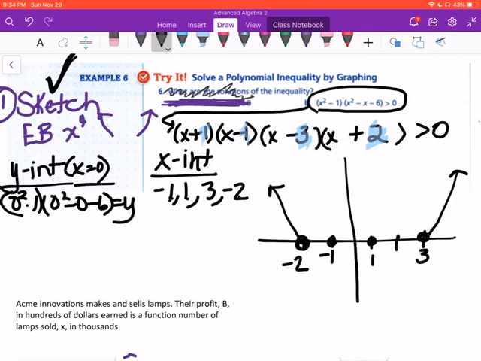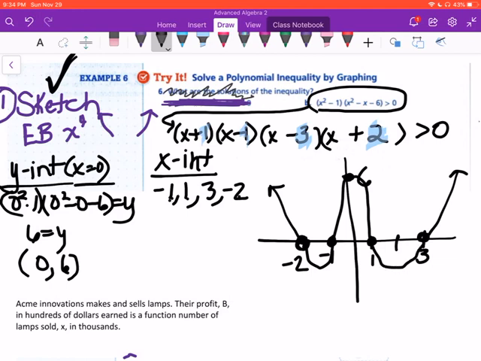So negative 1 times negative 6 would be positive 6. So the y-intercept would be at (0, 6). Okay, so cross, cross, cross, cross. Yay, I sketched it. Now, how do I find the answer?